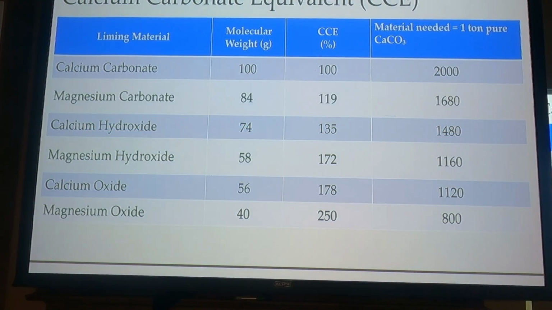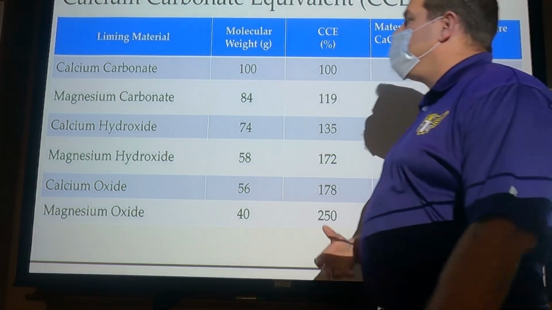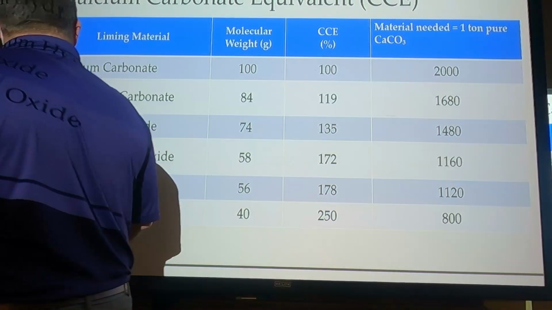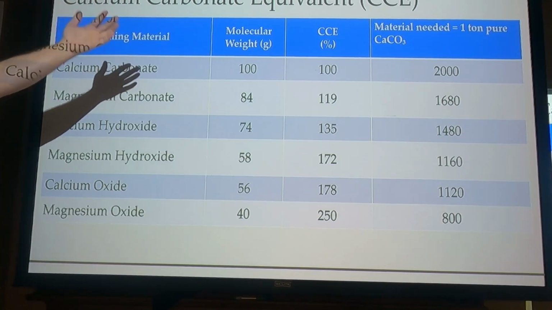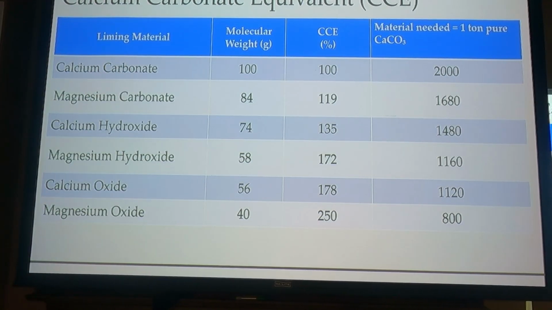All right, next is going to be the chemical composition of our liming material. And so calcium carbonate, I think it just so happened that it has a molecular weight of 100 grams. I don't think that they specifically set out to find a material, but that is the standard. And so it has a calcium carbonate equivalent of 100 because that's our standard.